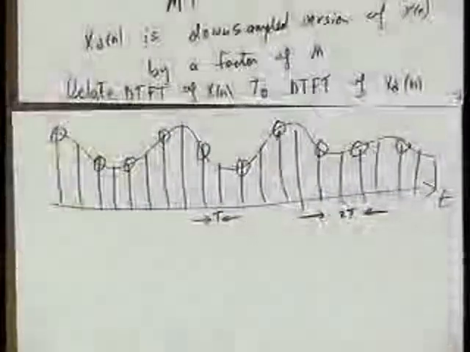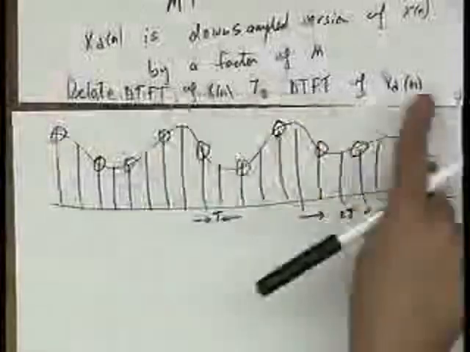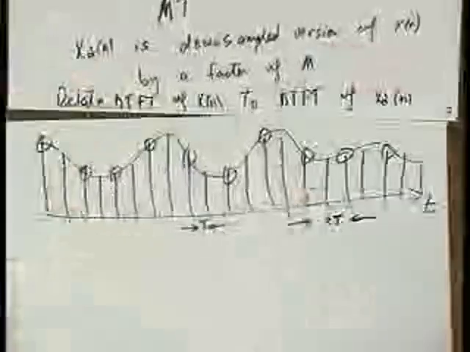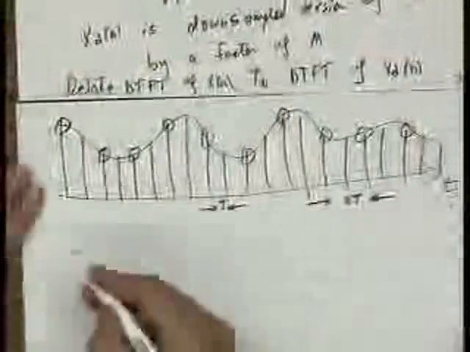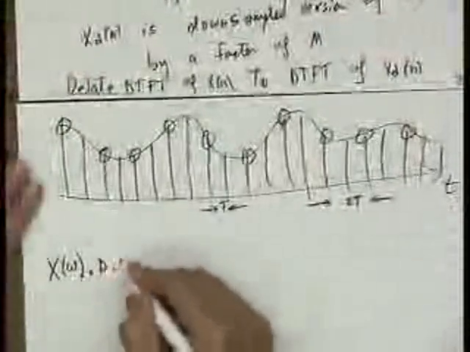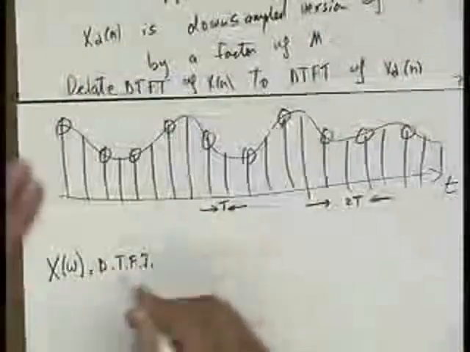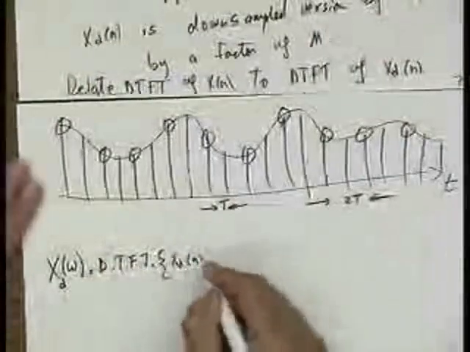So how do I relate these two DTFTs? Well, I write down the expression for each of them, and then I invoke the only thing that I know about it, which is this relationship. And let's see if we do that, what do we end up getting? Well, we start with x sub d of omega, which is just the DTFT of x sub d of n.